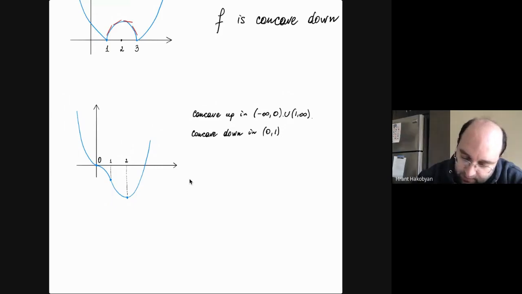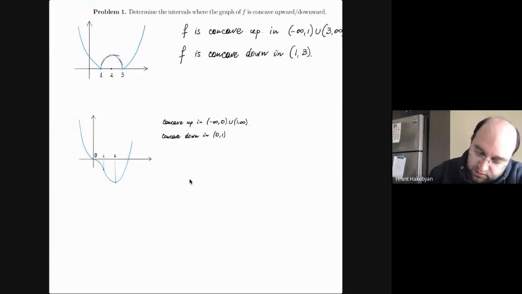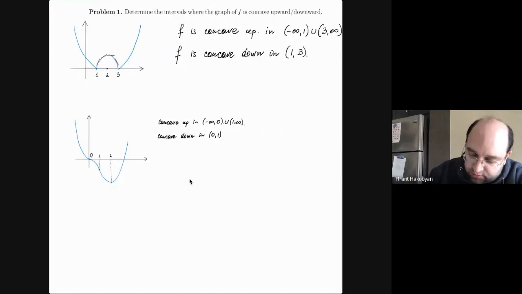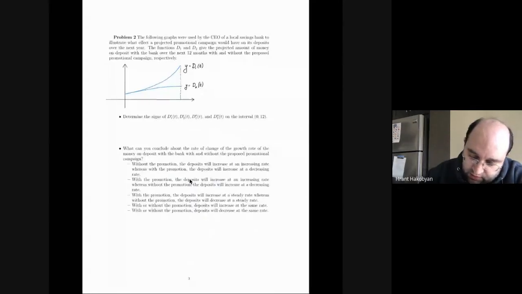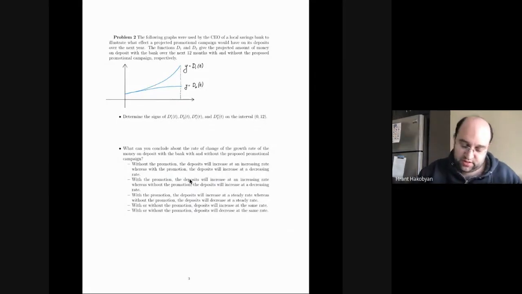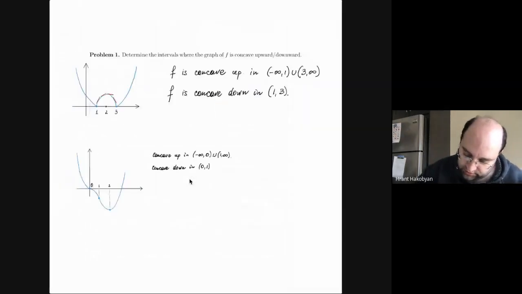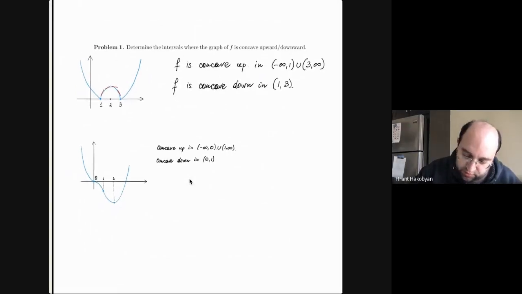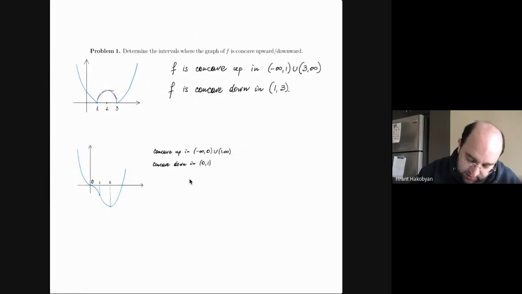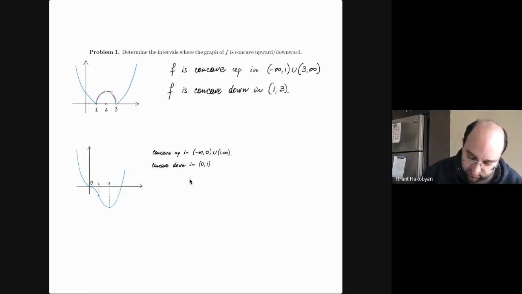Okay, so now the next problems are to find out where it's, well, actually, here's another problem. So actually, before going there, let me remind you what this means in terms of the second derivative, right?